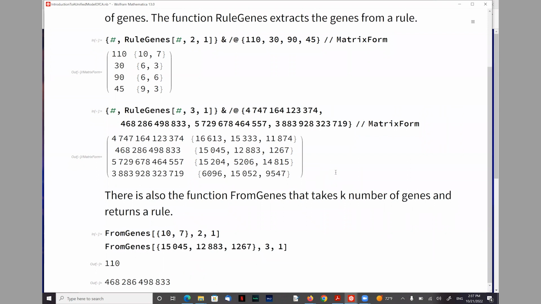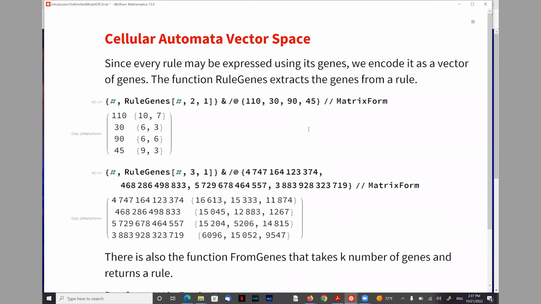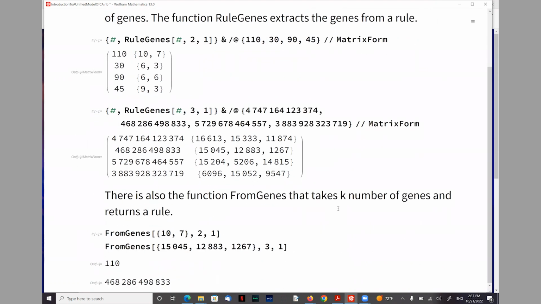By the way, this is the function, the function rule genes, which splits the rules into its genes. This is in the Packlet. It splits the rules into its genes. And there is the opposite function, which takes genes and gives you back the rule.